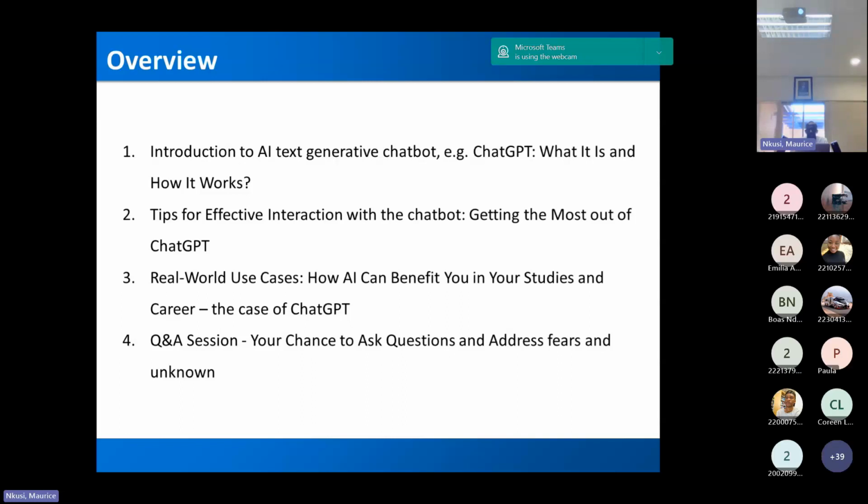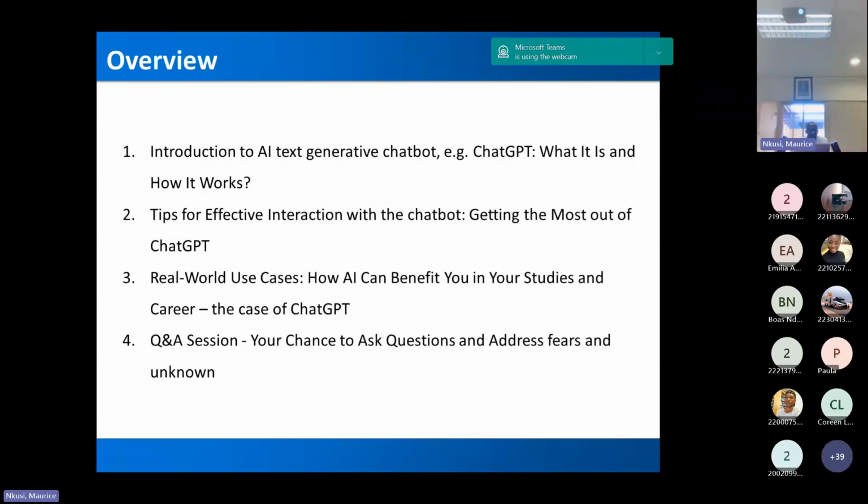We'll focus today on ChatGPT, because this is something that is making a lot of noise in academic circles, even at NAST. There are a lot of things that lecturers are considering as challenges. But today we are going to focus on the opportunities.